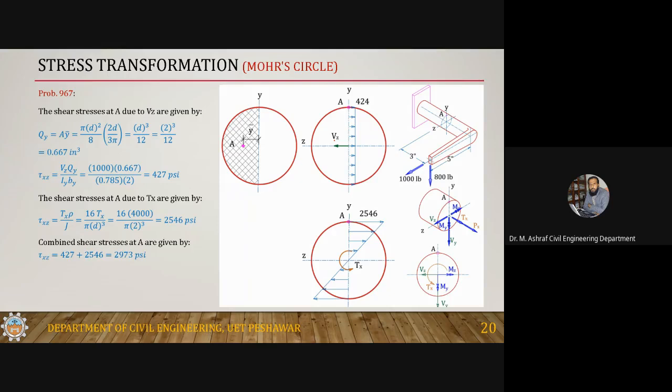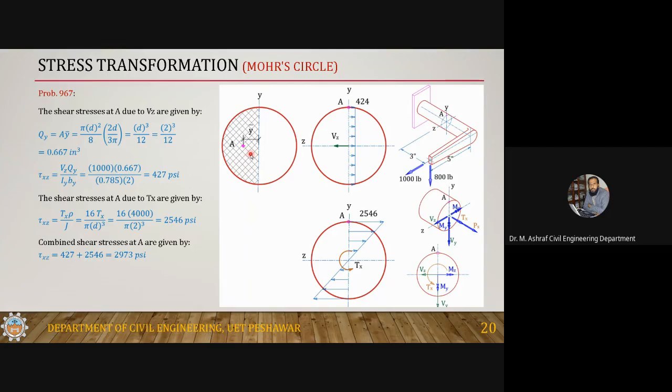The stress caused by Vz at A: along this line, a uniform stress is caused by this Vz. And how to calculate that? We can calculate Qy, which is A y bar, the first moment of area. Since we want to calculate stresses at this location, I'll have to take the area to one side of this.